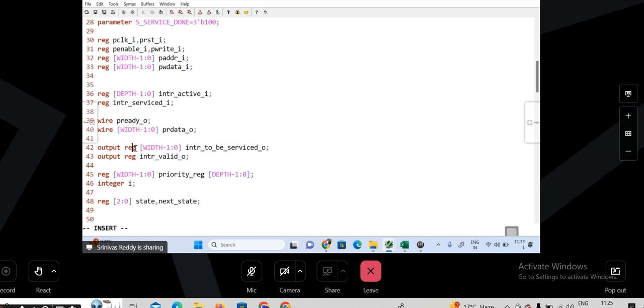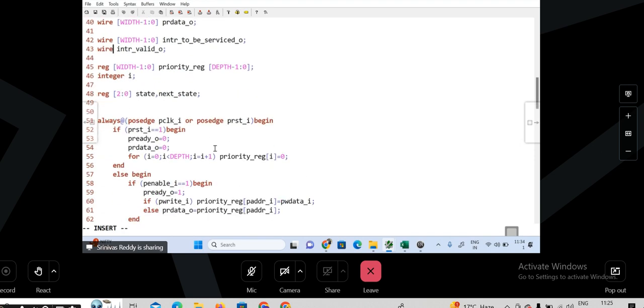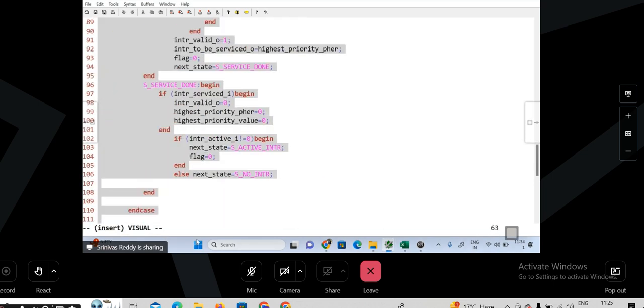How many input arguments am I using? 2 input arguments. Always at the positive edge of P clock, what am I doing? If write enable is equal to 1, P address is equal to what? Address. This is an argument I'm passing here. And then W data is equal to what? Priority data. What is the data I'm passing here? Priority data.